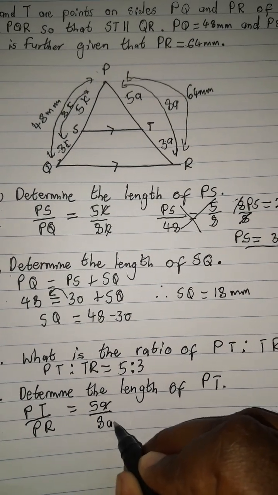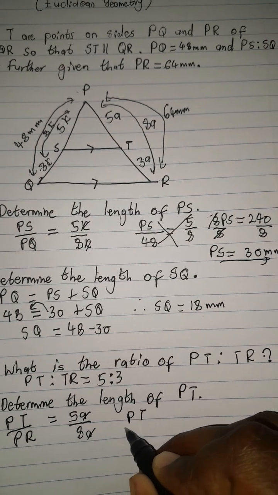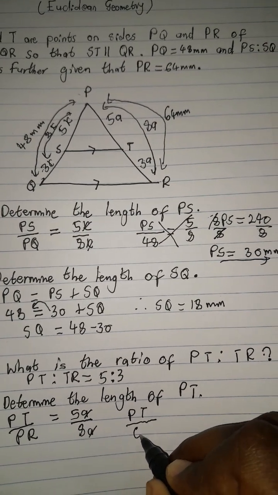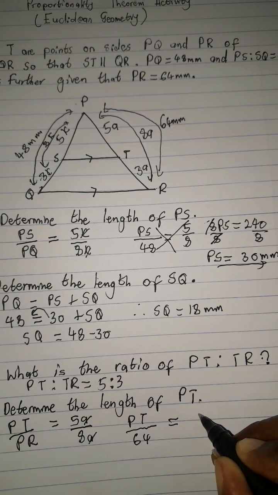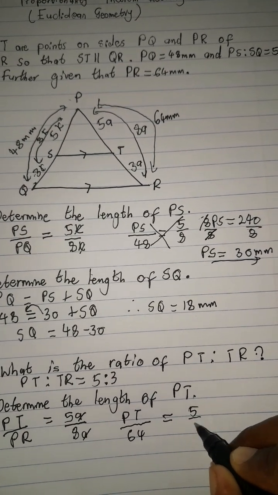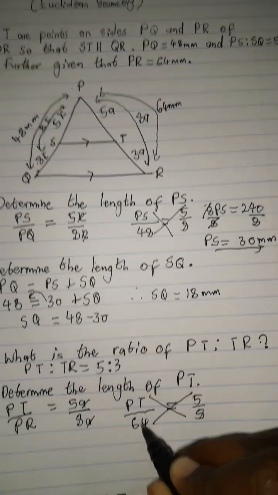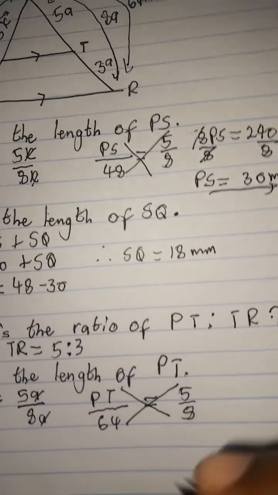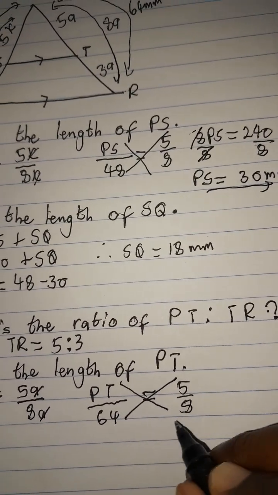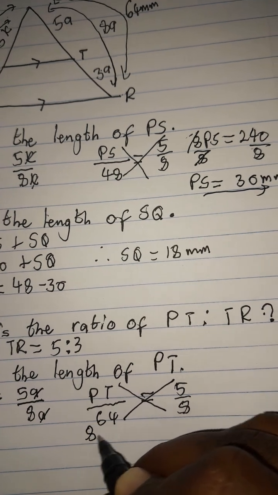So we know that A and A will cancel. We are left with PT. We know that PR is given as 64 as the length. Then we'll be left with 5 all over 8 here. Then what do we do, guys? Cross multiply. What is 8 multiplied by PT? That will be 8 PT.